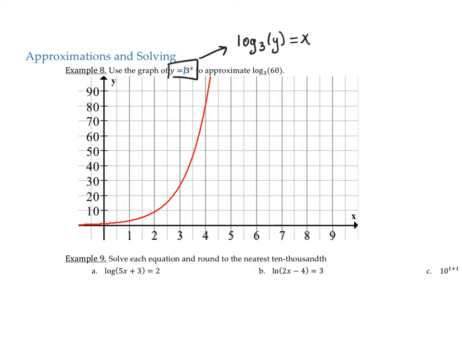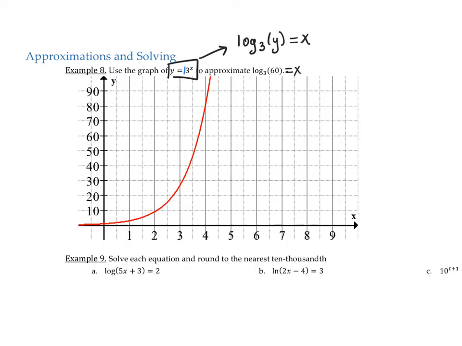So there are all of our translations, and I'm going to go ahead and erase that because it's a little distracting. So what we want to approximate is log base 3 of 60. If we say that that equals an x, then that's equivalent to saying 3 to the what equals 60.